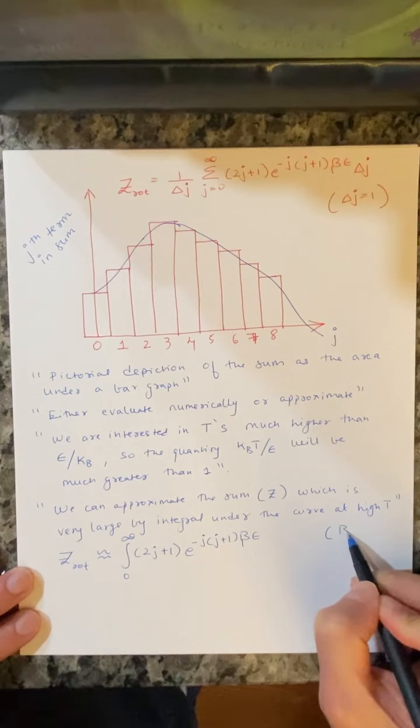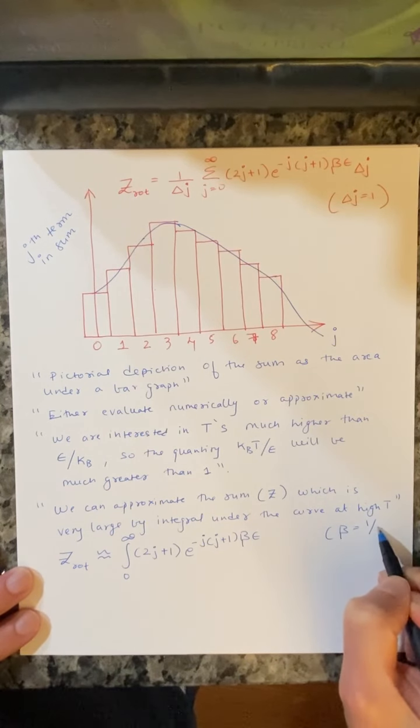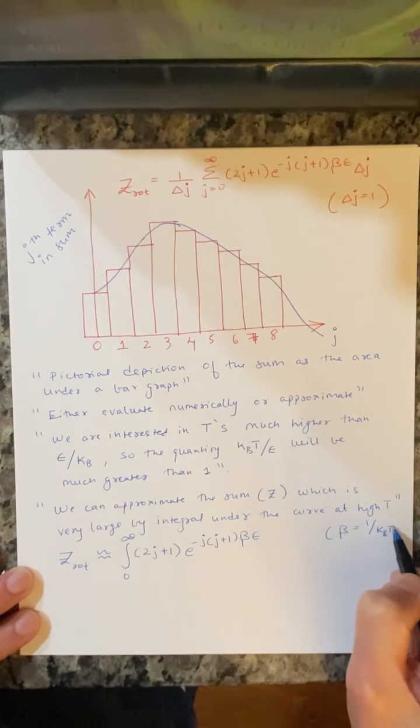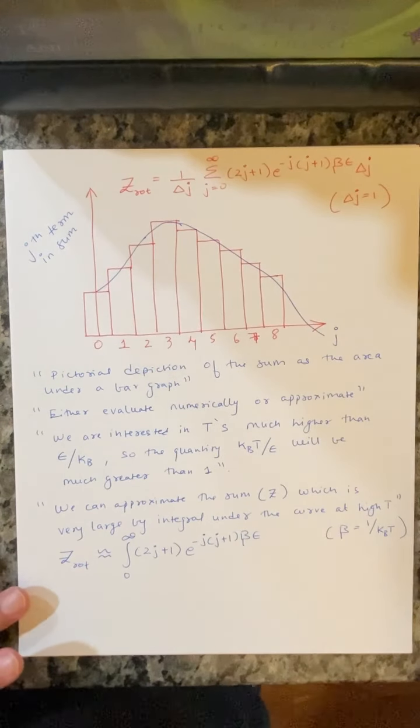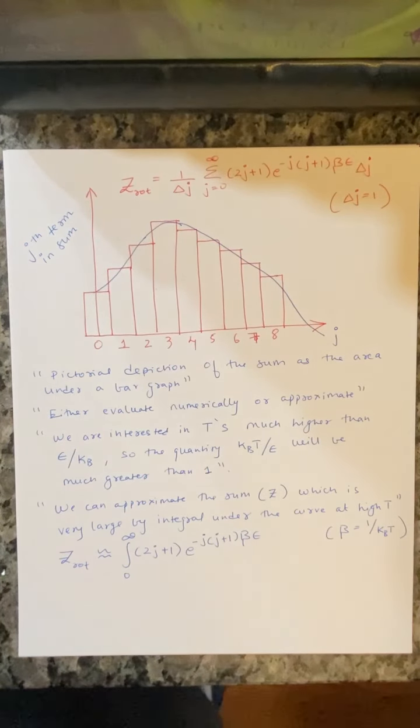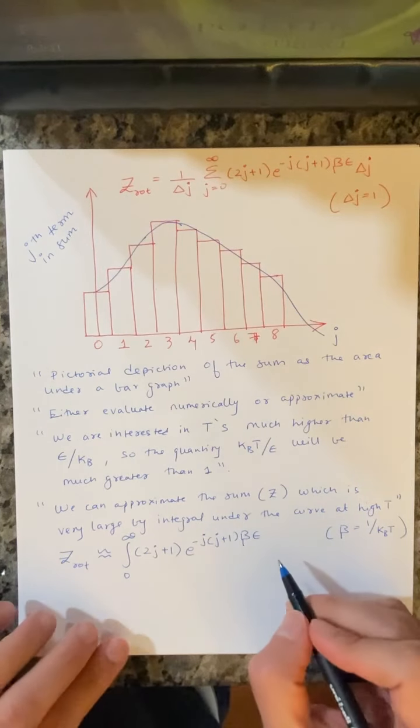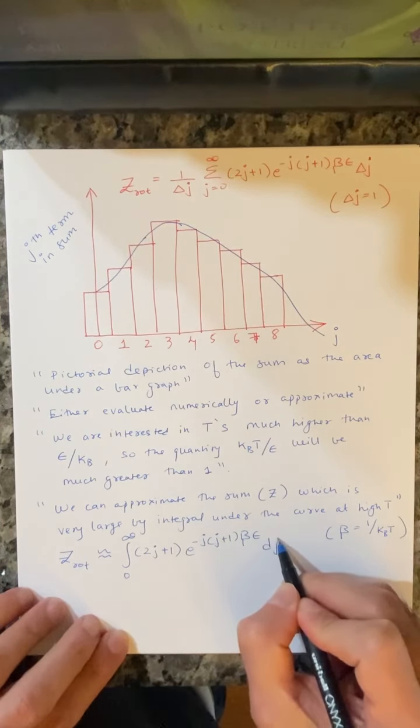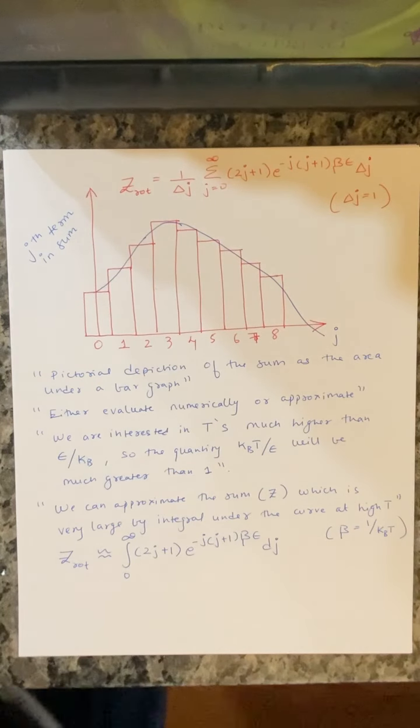Don't forget beta, we did write this down earlier as 1 over kBT, just in short form so that it's always easier to take derivatives, or in this case, even the integral, right? This is our form now, and in the last, we still have dj left over.